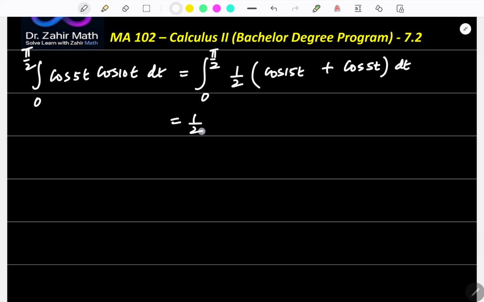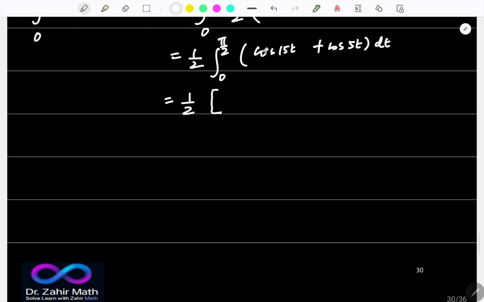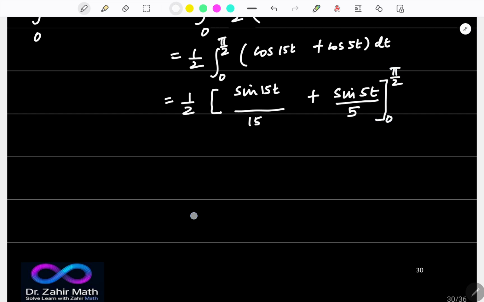So 1 by 2 I will take out, the integral from 0 to pi by 2 of cos 15t plus cos 5t dt. This equals 1 by 2. What is the integral of cos 15t? Integral of cosine 15t is sine 15t divided by 15, plus integral of cosine 5t is sine 5t divided by 5. The limits are 0 to pi by 2.